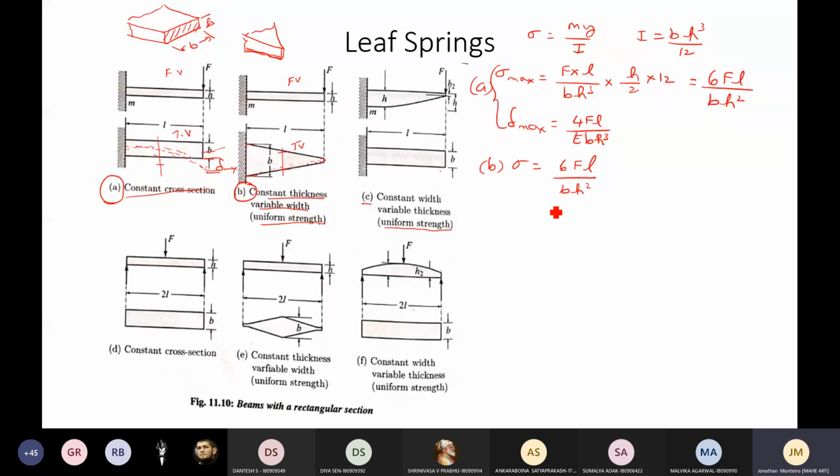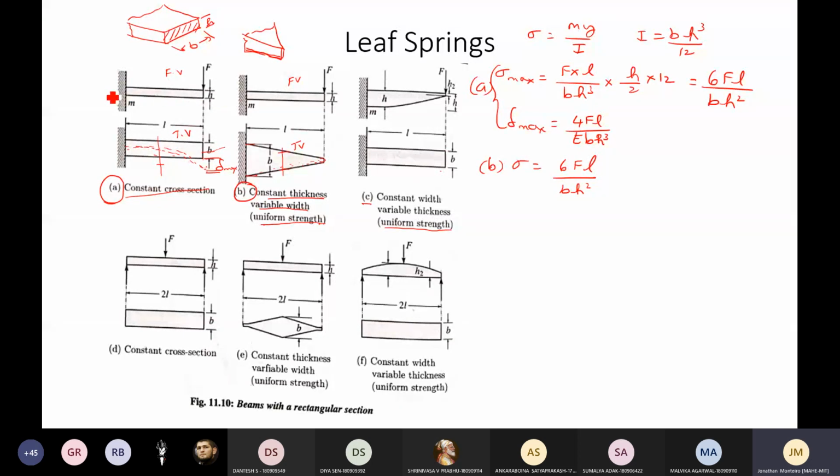Now notice that these three beams are of the same type, that is, though their width and height will vary, all three are of cantilever type. One of the examples I can give you here is this particular kind of beam, constant cross section, which you may or may not have noticed.